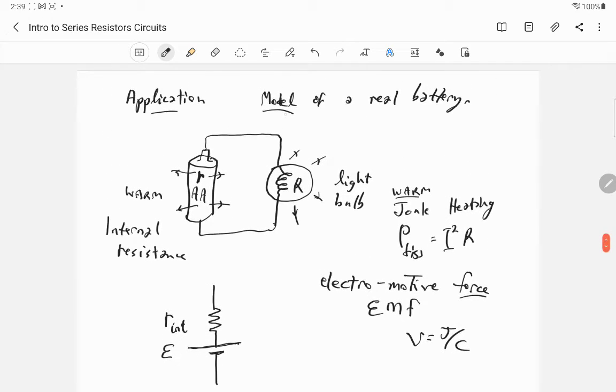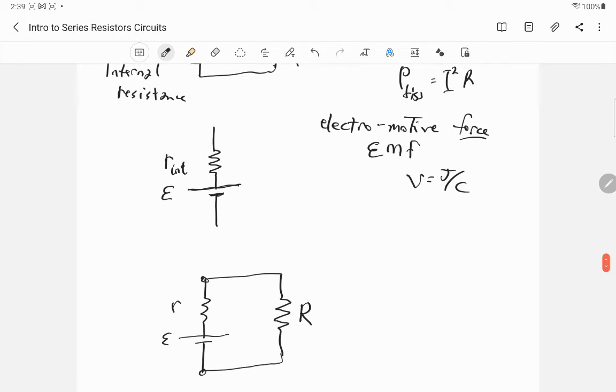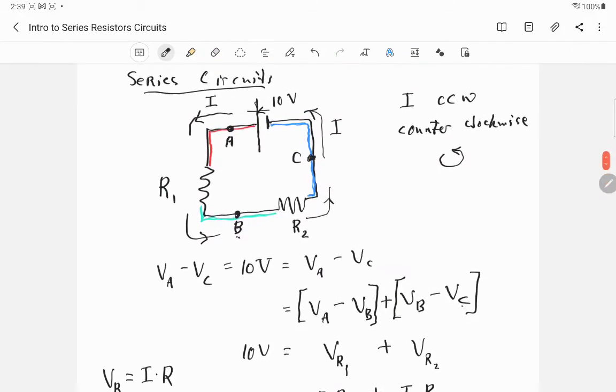So modeling an ideal battery with a simple load, right? This capital R is the load, some sort of motor or rechargeable battery or something. It simply is the same as two resistances in series with a battery, like an idealized source of voltage.